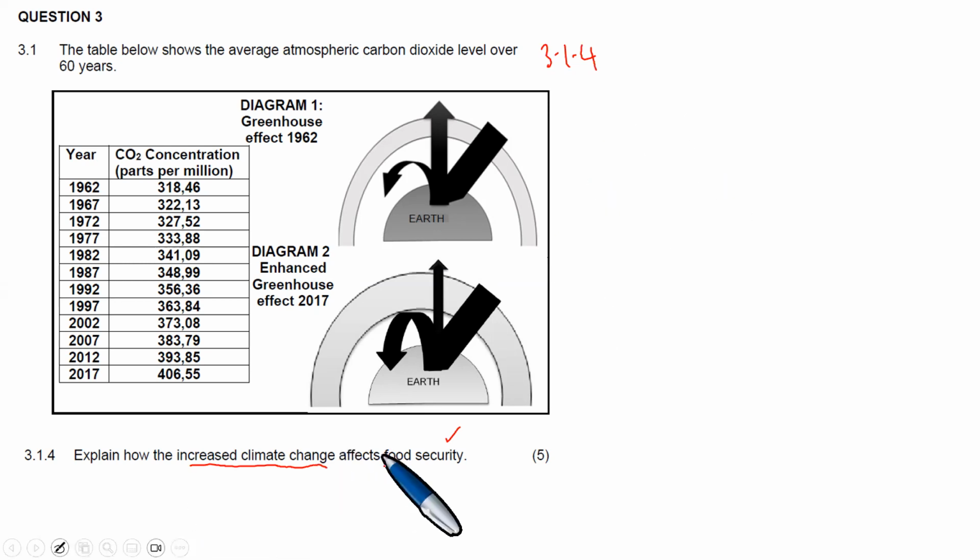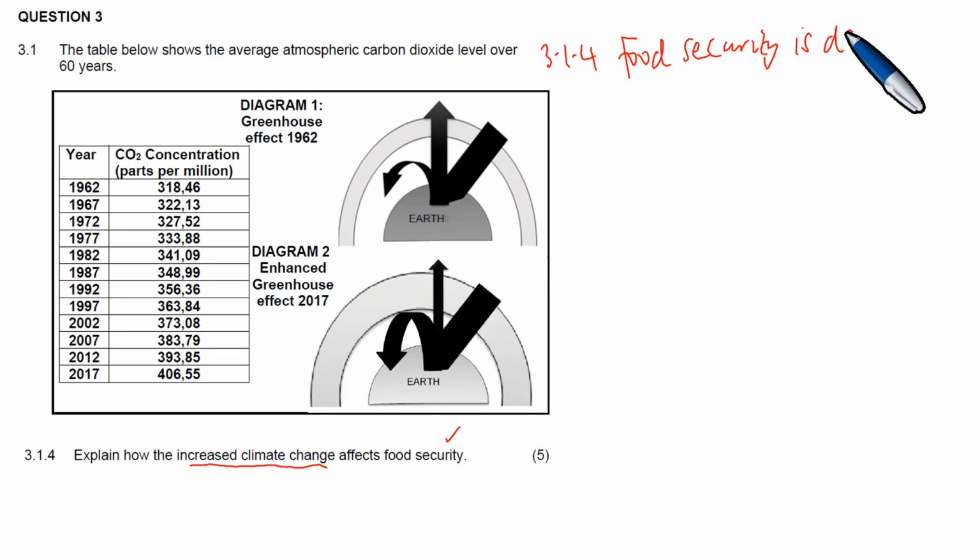The truth is, if there is an increase in the carbon dioxide concentration, or increased climate change, food security is decreased. If we have too much carbon dioxide in the atmosphere, food security is decreased, so we can find ourselves with less food to eat.